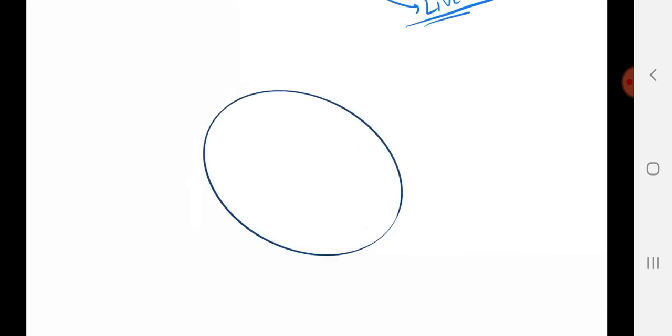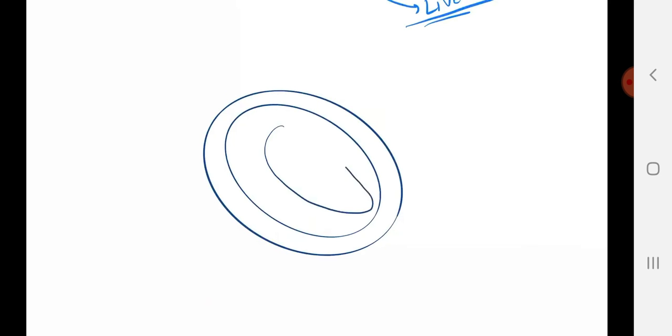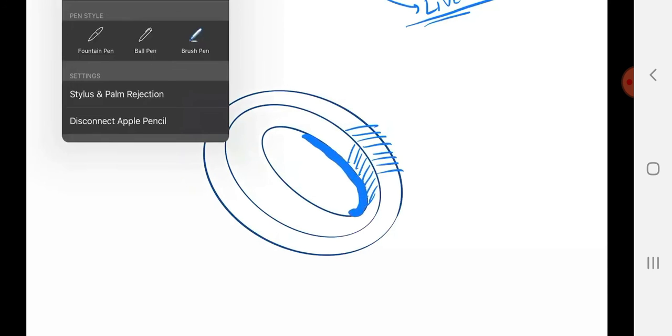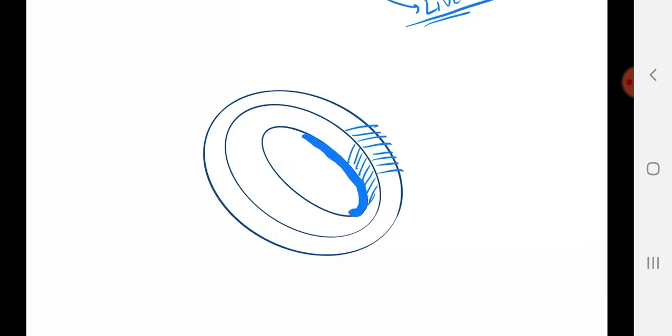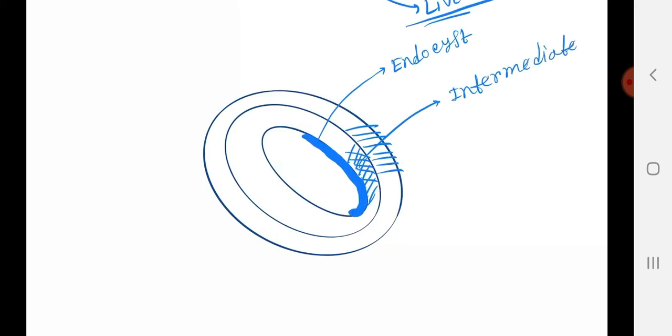We draw it again. So this is the intermediate layer, and this is the outer layer, and this layer is the inner layer. Okay, so now let's label it. So this is the endocyst, and this intermediate layer is called the intermediate layer, and this layer is called the pericyst or the outer layer.